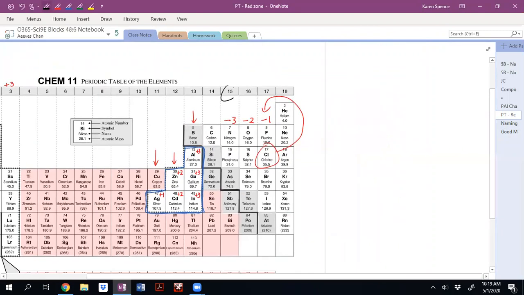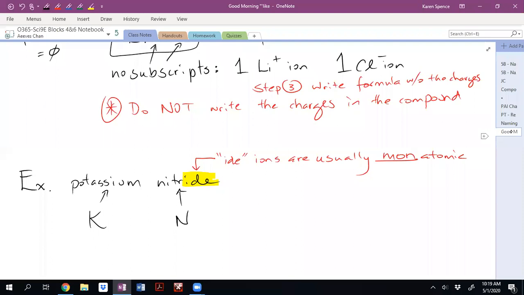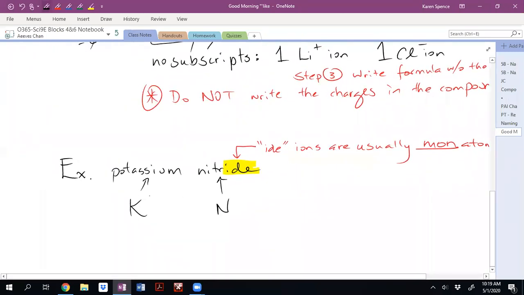Nitride is in group 15, so it's going to be -3. So we can go put those down on our ions here. So potassium is K plus, which means +1. Nitride is N 3 minus. So step 1 is to write the ions.